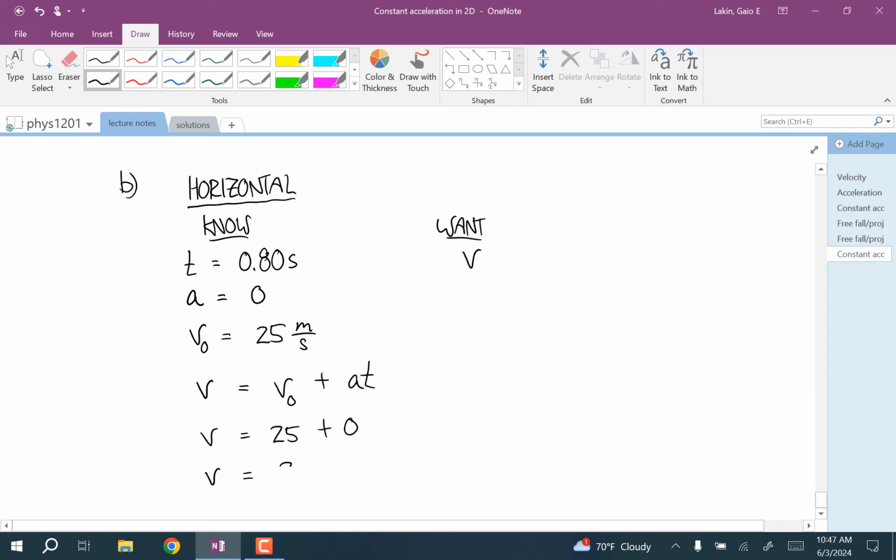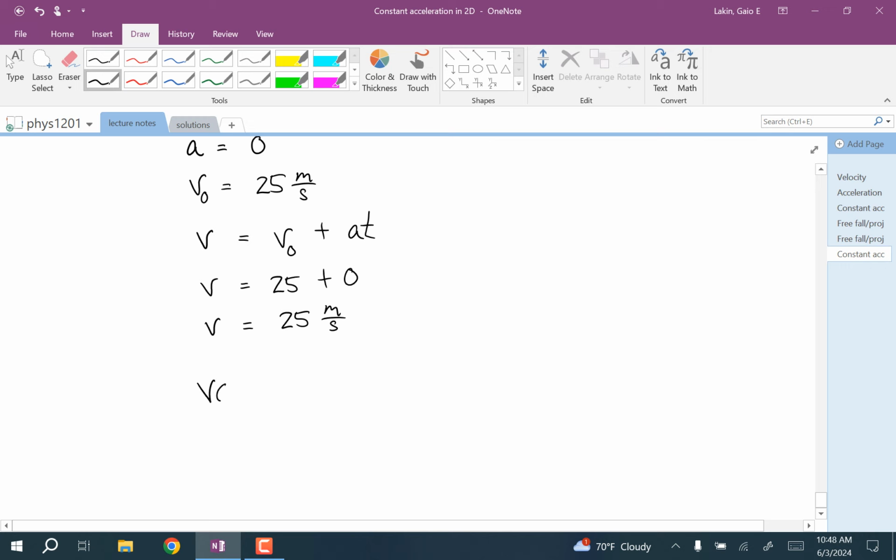So V is equal to 25 meters per second. And it turns out that that's something that always ends up being true. For the horizontal component, the velocity never changes in free fall and projectile motion because the acceleration in the x direction is 0.